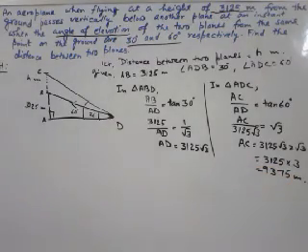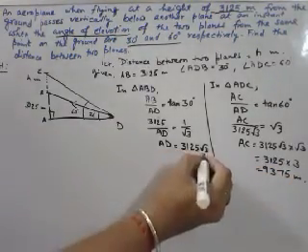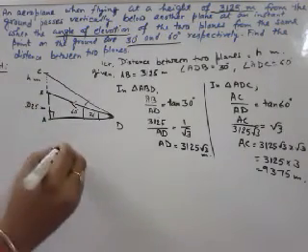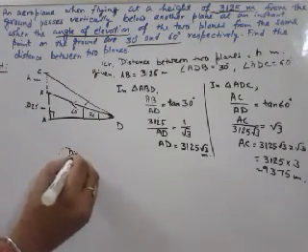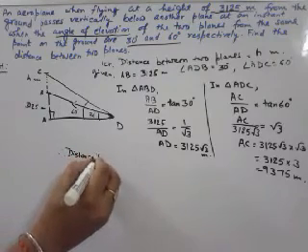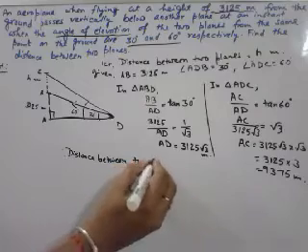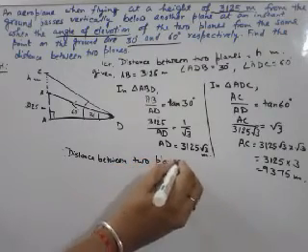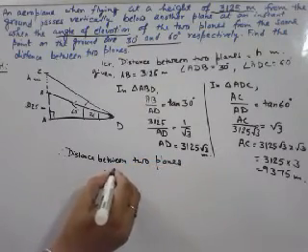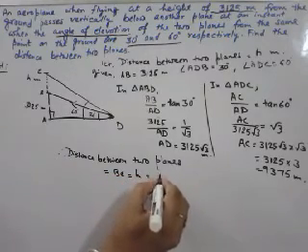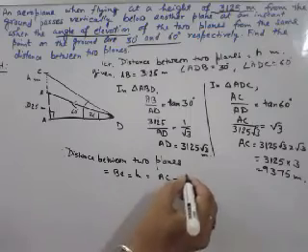Now value of AC is 9375 meter and value of AB is 3125 meter. So therefore the distance between the two planes, that is BC, that means AC minus AB.